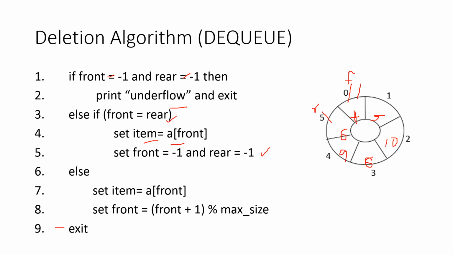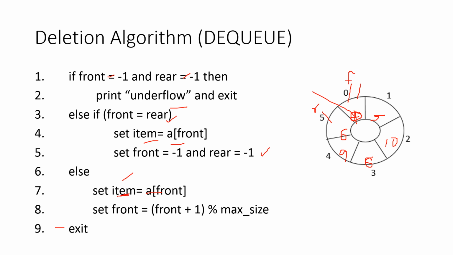We know that a circular queue always follows the FIFO pattern. So the first element is to be deleted, first in, first out. So this element is removed and stored in item. That is, A of front, the front element of the array A, is removed and assigned to the variable item.